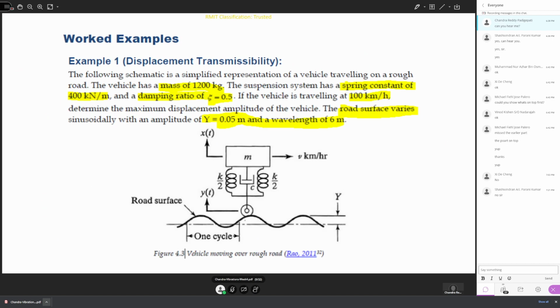All right, so now let us go through this example. I pause for a minute. Any questions, guys?